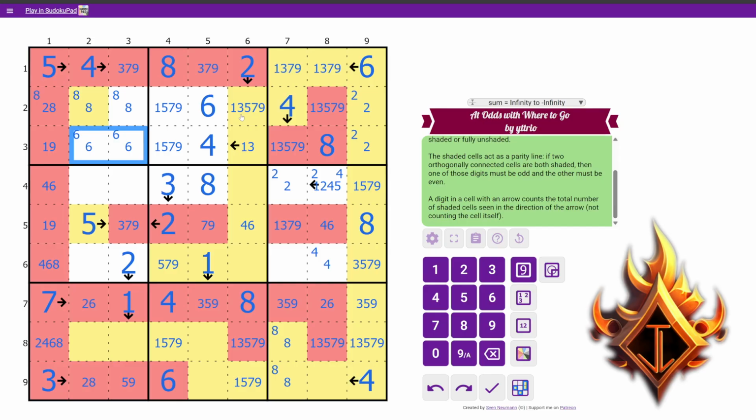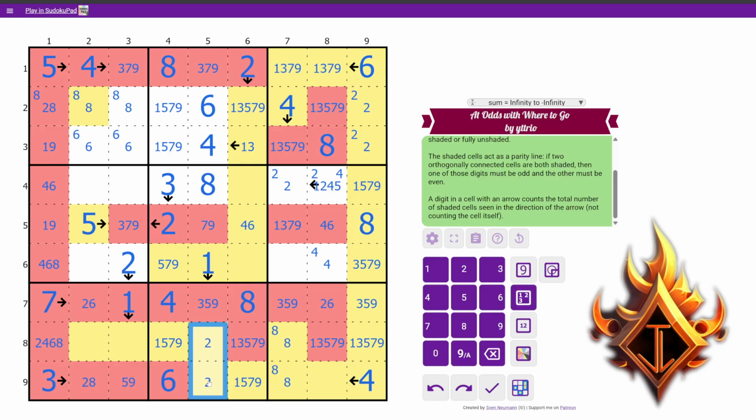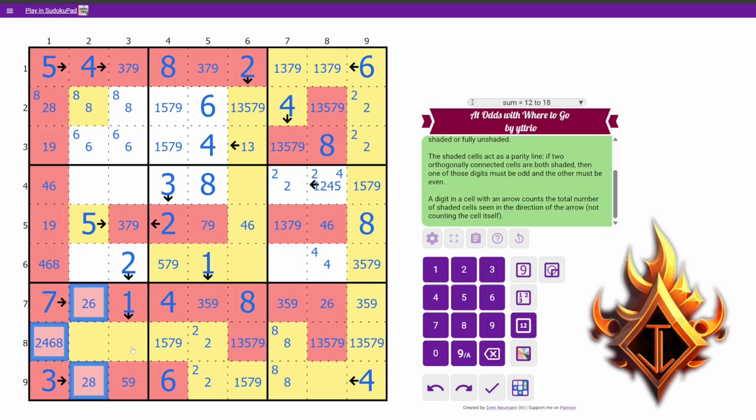And 2 goes down here. 1, 9, 2. No combos there yet. I have 2 evens here. 3. 1 even, 1 odd in here. But that's still okay.